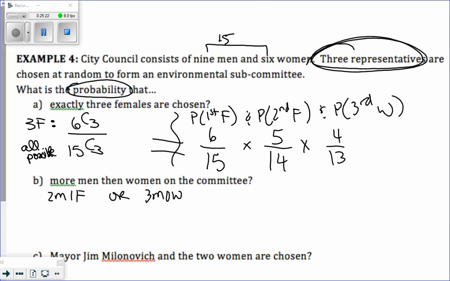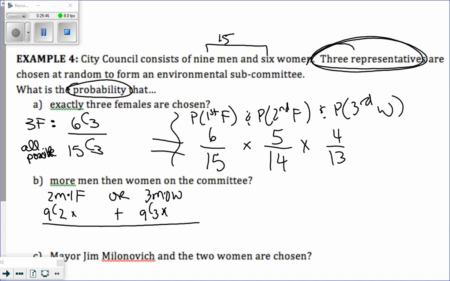So if you think of this as combinations, or means add, men and women, men and women. How many ways can we select the men? 9 choose 2, and then this one would be 9 choose 3.